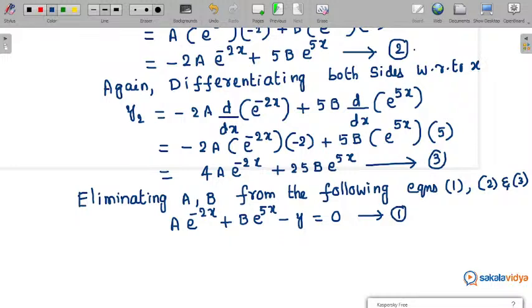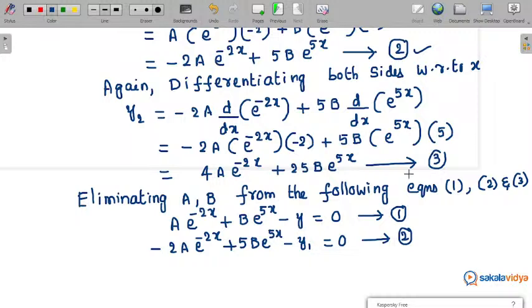In a similar pattern, the second equation we write: minus 2a times e power minus 2x plus 5b times e power 5x minus y1 equals 0. So this is the second equation. For the third equation we write: 4a times e power minus 2x plus 25b e power 5x minus y2 is equal to 0. So this is equation 3. Now we need to write the determinant form.